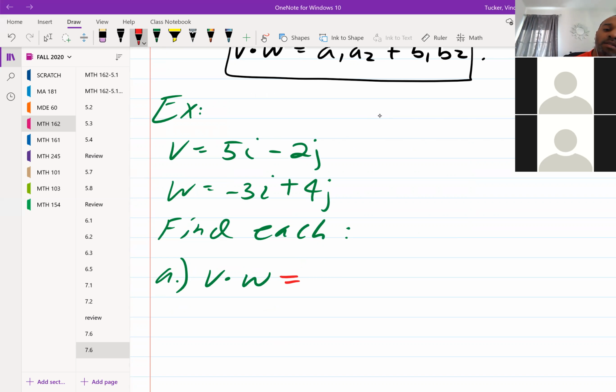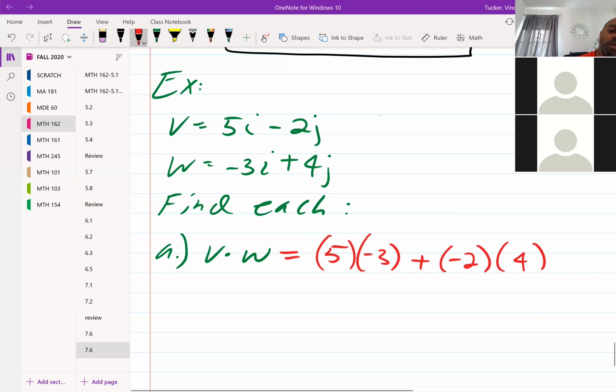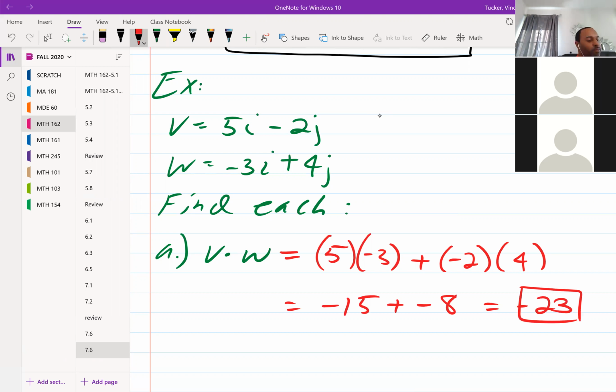Take A of V times A of W plus B of V times B of W. Negative 15 plus negative 8, negative 23. We'll get to the application in a few, but at its foundation, that's all you have to do.